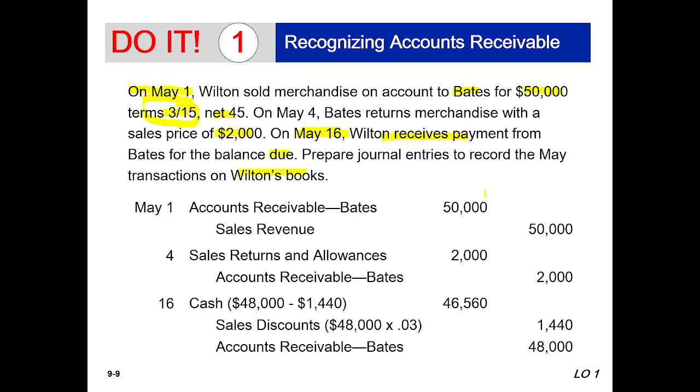Accounts receivable, Betts: sales revenue 50,000, and returned 2,000, please look here.